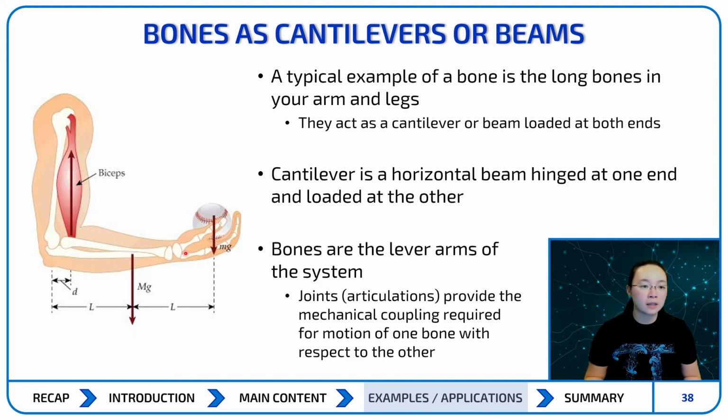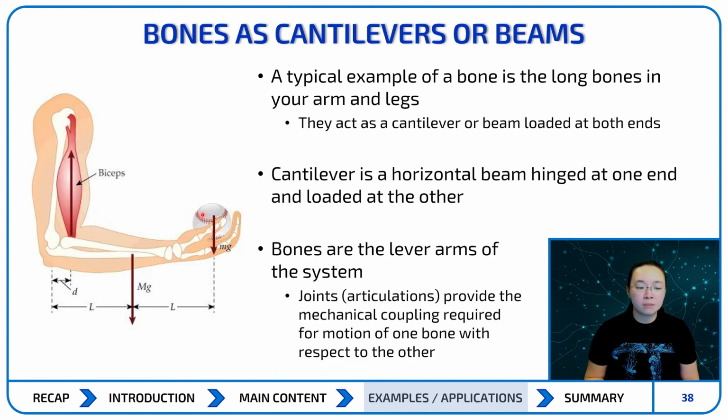These act as a cantilever loaded at both ends. In this case, there's a cantilever hinged at both ends, and another one hinged here, and it's holding a ball, and that's your load. Your cantilever is always a horizontal beam, so we model it as a straight line hinged at one end with a load at the other.